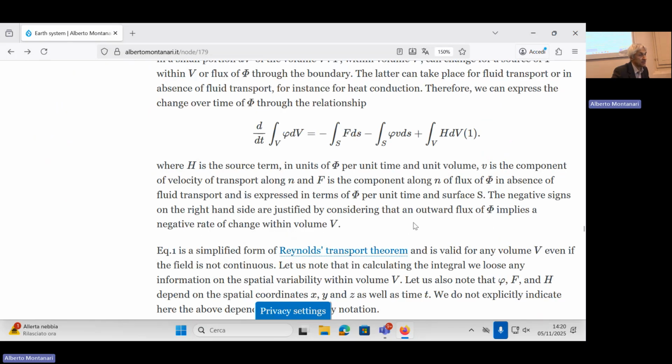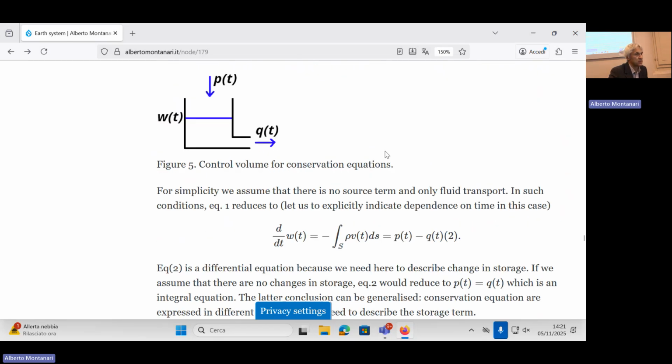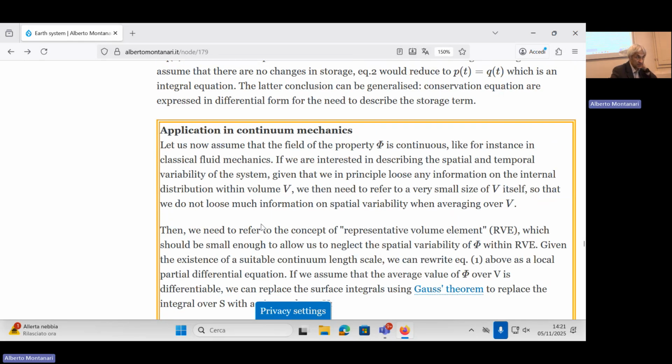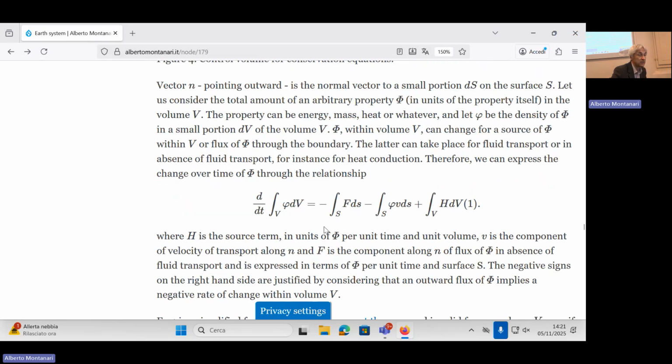Now, let's try to put it in a form that is more directly applicable, because in this form we need at least to compute the integral. So here there is the example of the linear reservoir, which we already discussed. This form can be applied in both continuous fields and non-continuum fields.